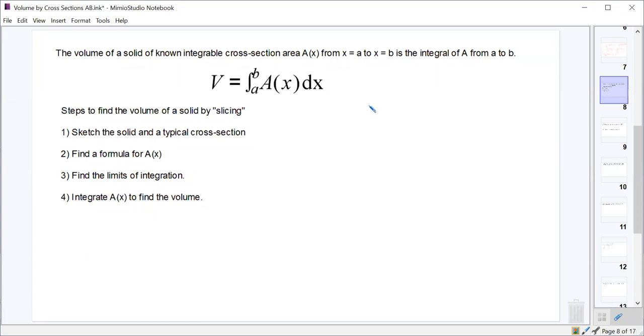What we're talking about is things like, and they won't be this simple, but things like a cylinder. There's a cylinder, right? Everybody's familiar with a cylinder, I hope.